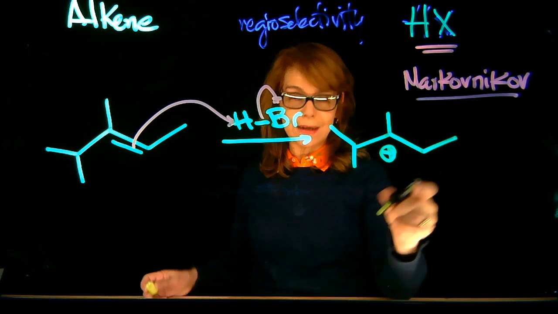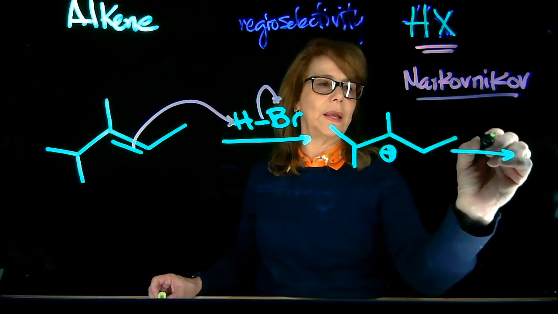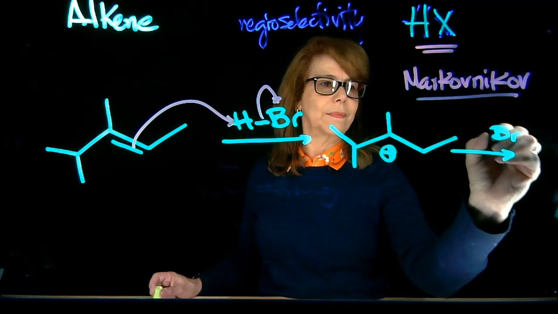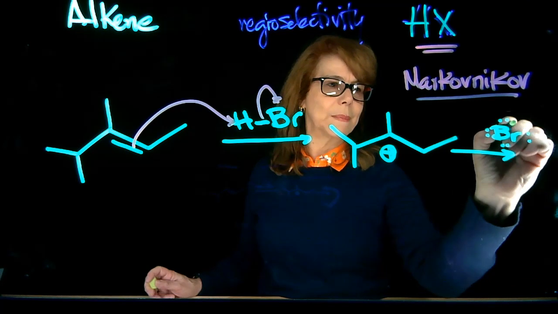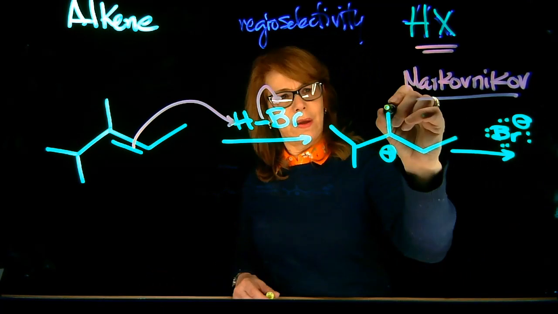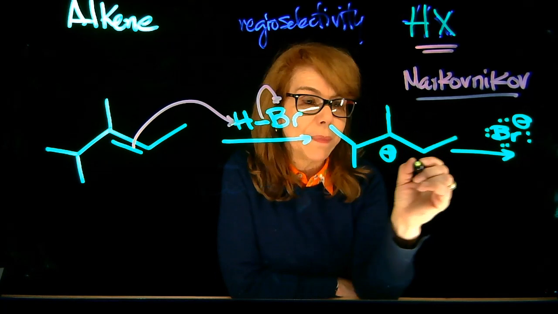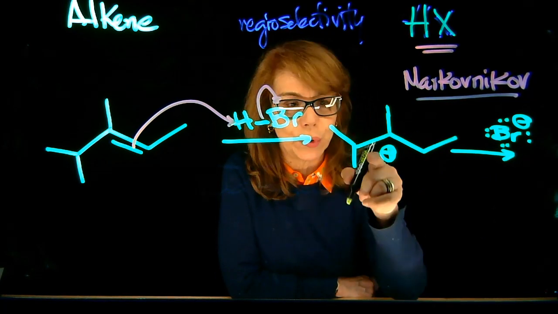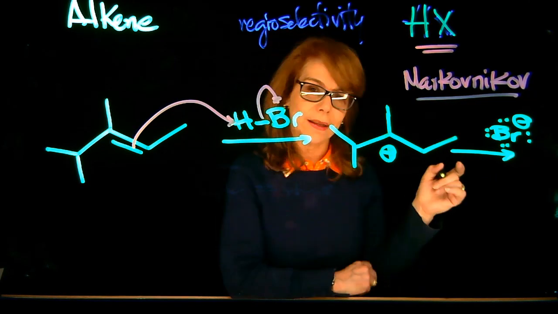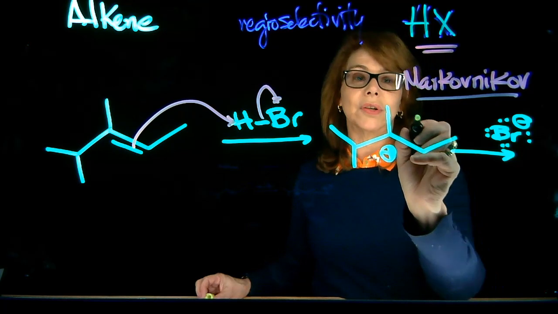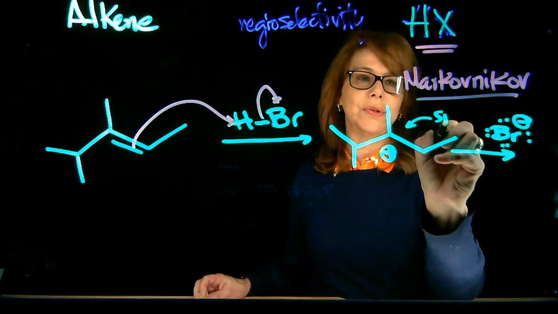When you have that, the next step is a nucleophilic attack by bromide. Now, remember that when you have a carbocation like that, the hybridization of that carbon is sp2.